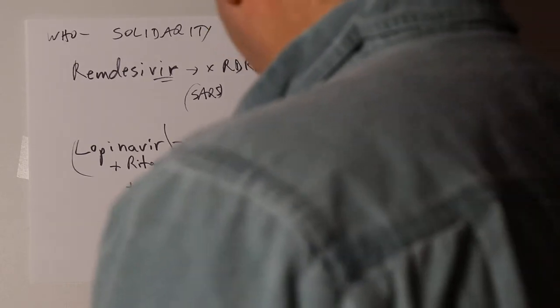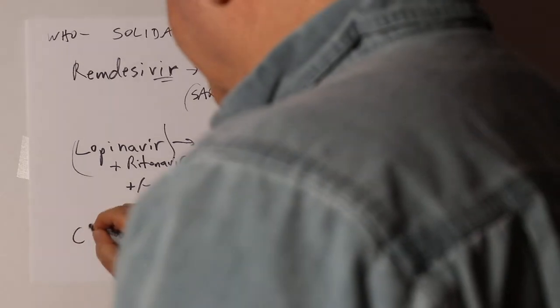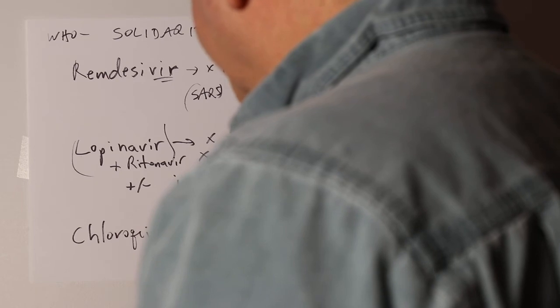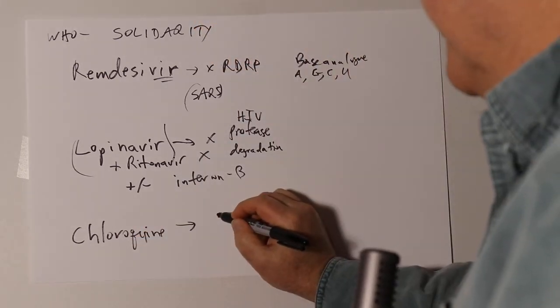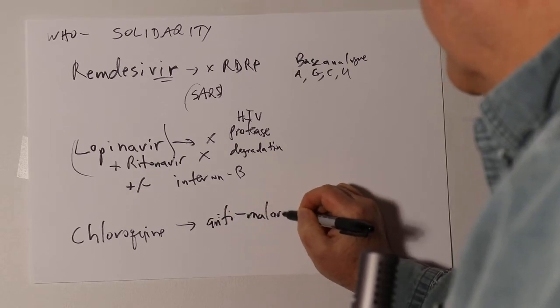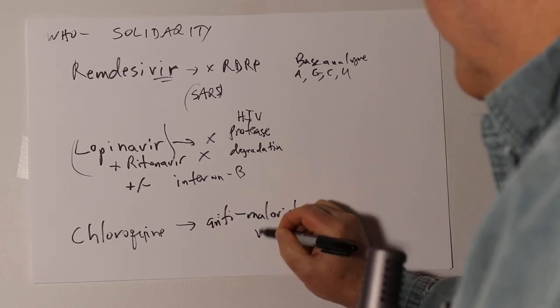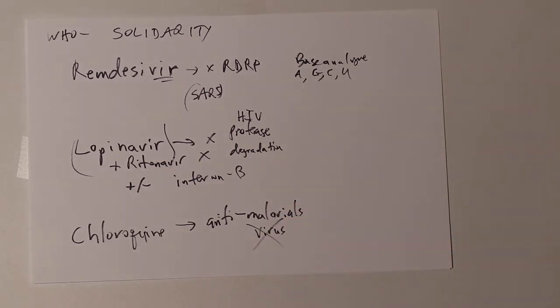And the last one that they're testing in this is chloroquine, which is, to my mind, the most dubious. And so chloroquines are drugs that are antimalarials. Malaria is not a virus. It's not even a bacteria. It's a eukaryotic monocellular organism.